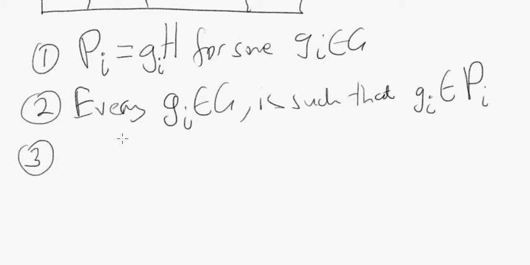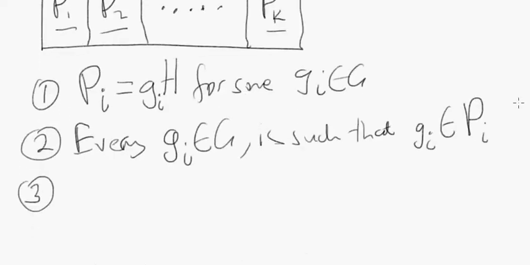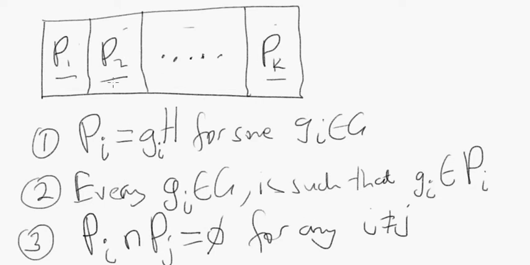This is the second condition. What we're saying here is that we can't find any group element that's not in one of these partitions. Every group element is in some partition. And furthermore, we're going to require that the partitions are pairwise disjoint. That is, P_i intersect P_j is empty for any i not equal to j. If we take any two partitions, the intersection is empty.